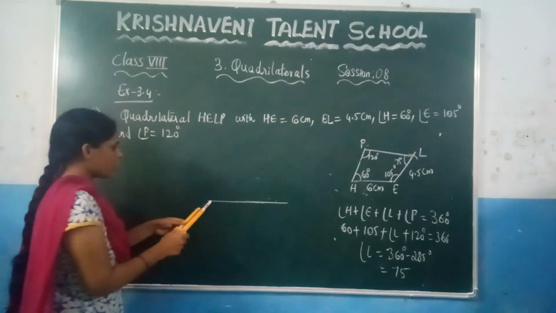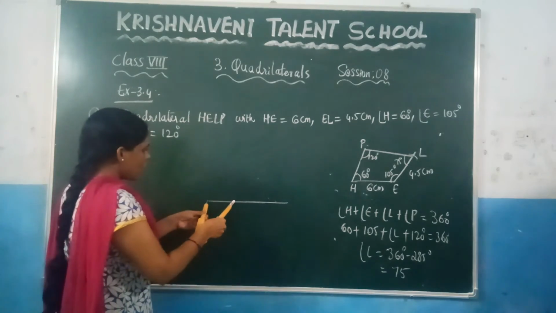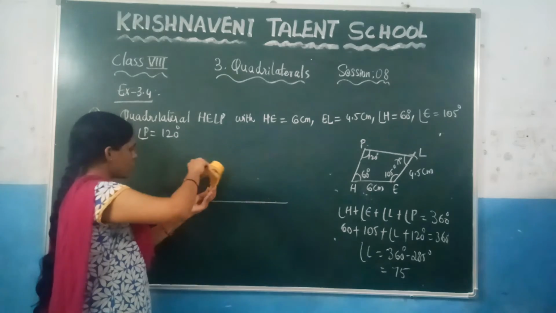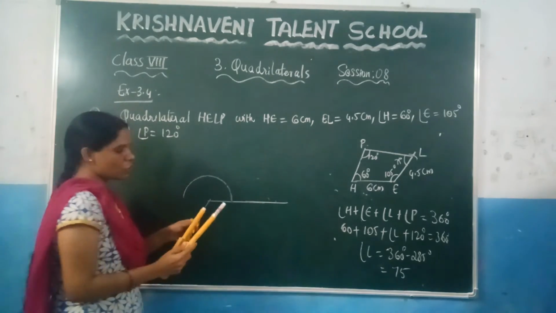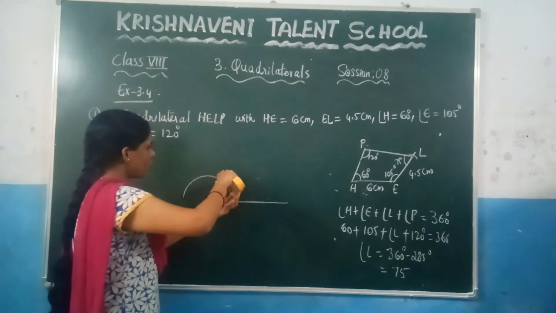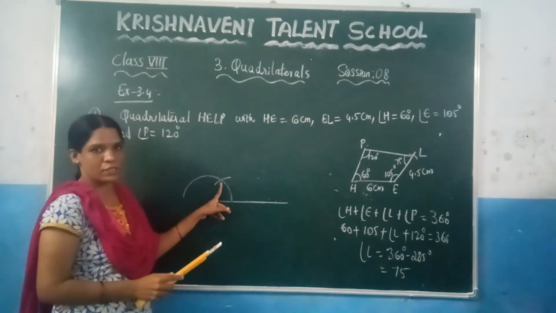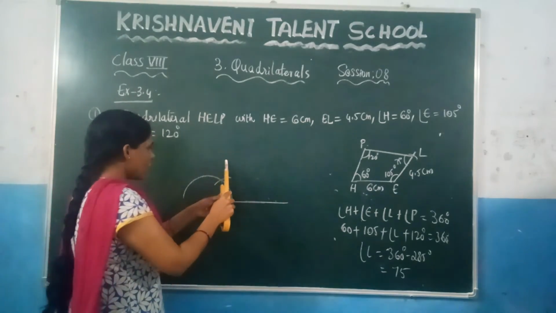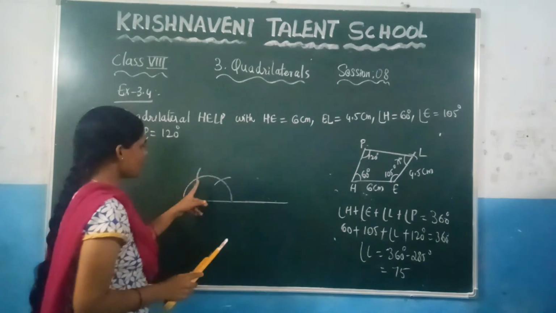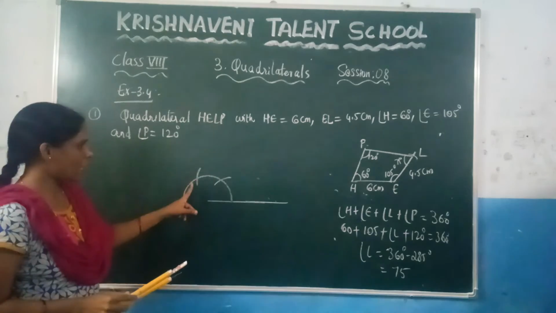You need to take some radius and draw an arc like this. You should not change this radius, and at this point draw one arc. This is nothing but 60. And again at this point draw one more arc. This is nothing but 120. This is 60 and this is 120.